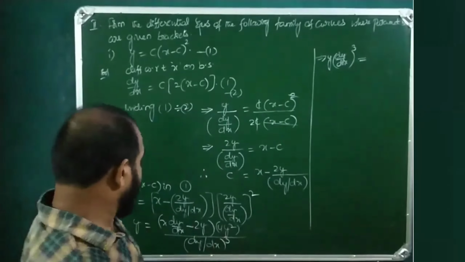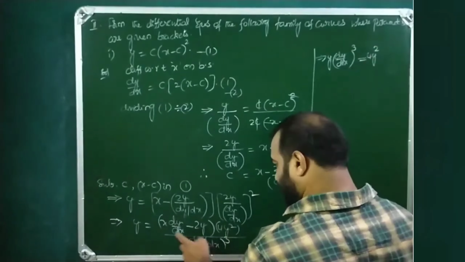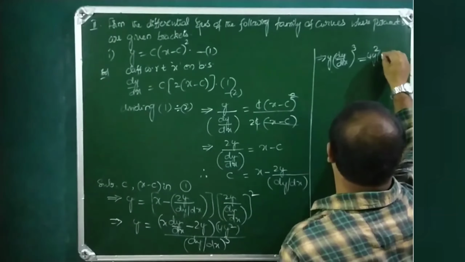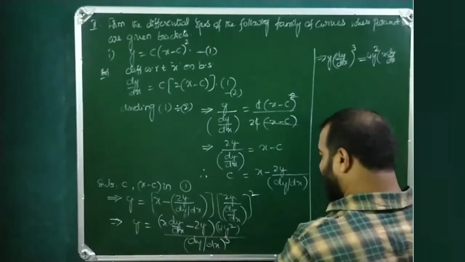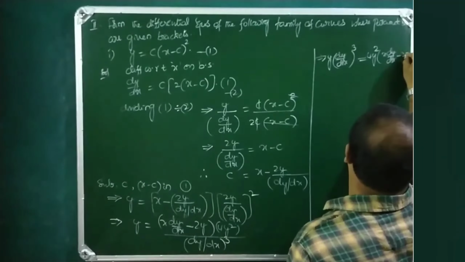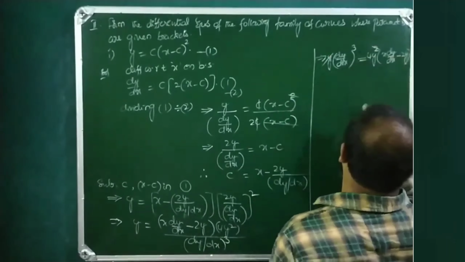this is 4y square into x dy/dx minus 2y. This y and this y get cancelled.